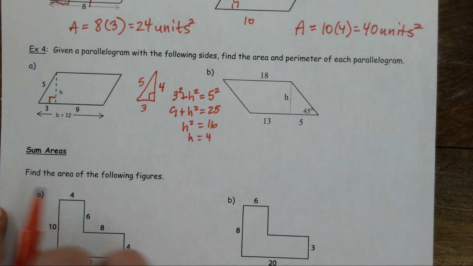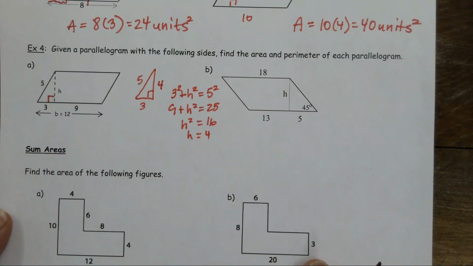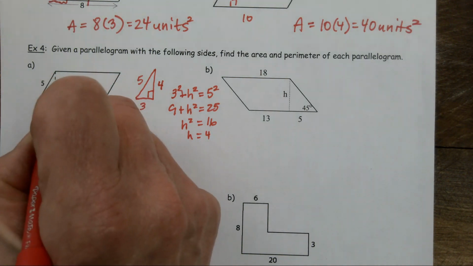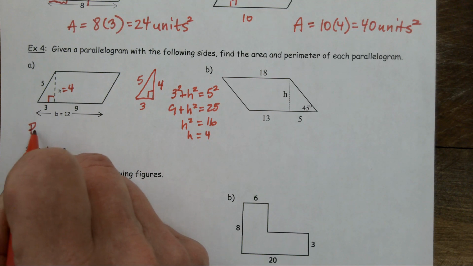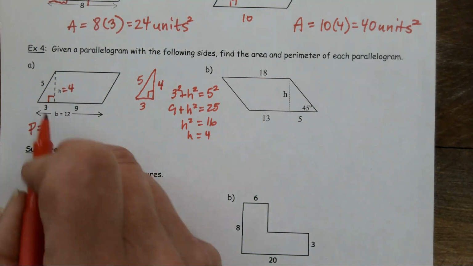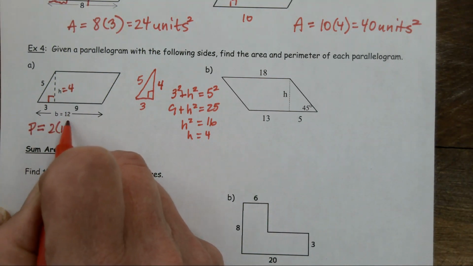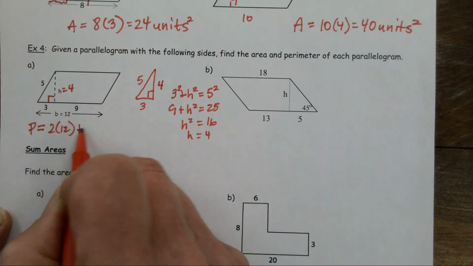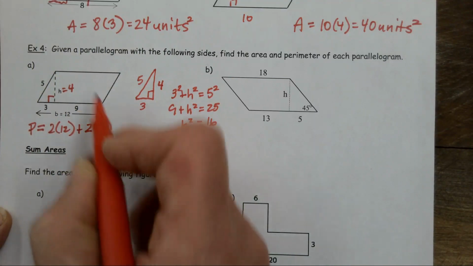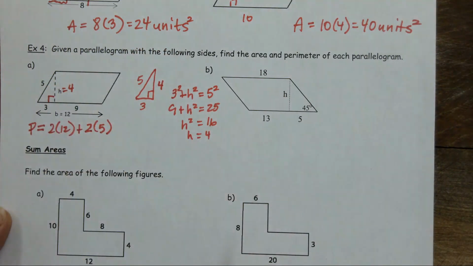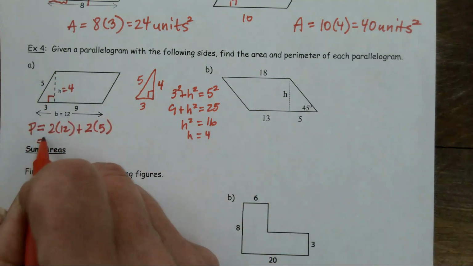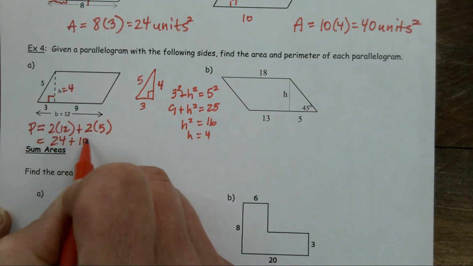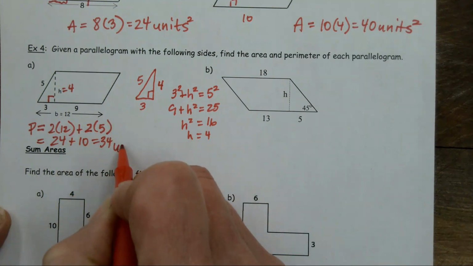All right, so let's go ahead. For here, I want the perimeter and area. This h is 4. Perimeter would be 2 times 12, that's the base, plus 2 times 5, that's the other measure of the side, or 5 plus 12 plus 5 plus 12, 24 plus 10, or 34 units.